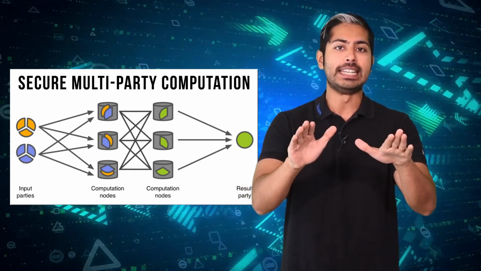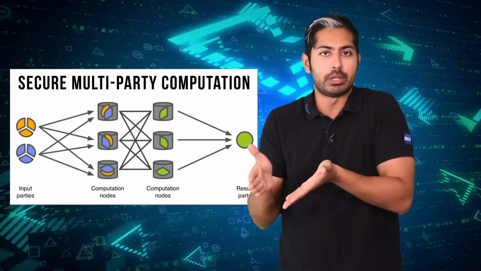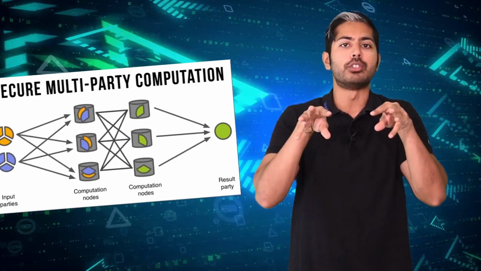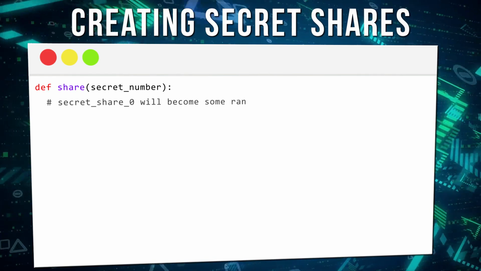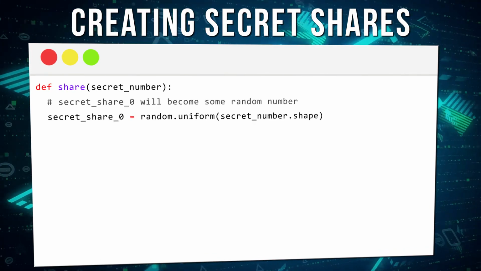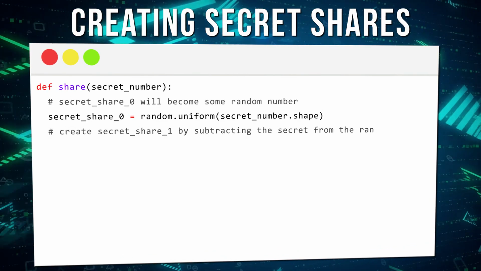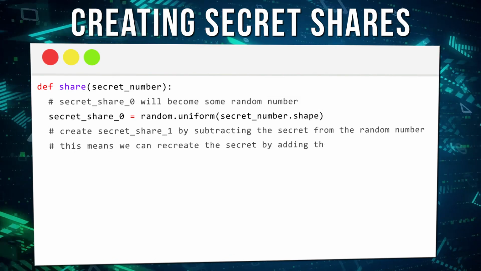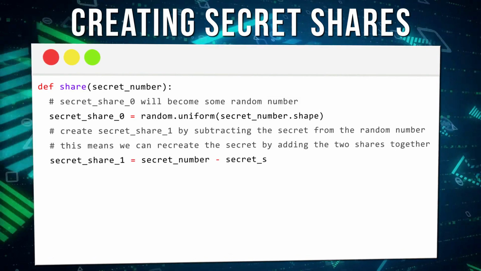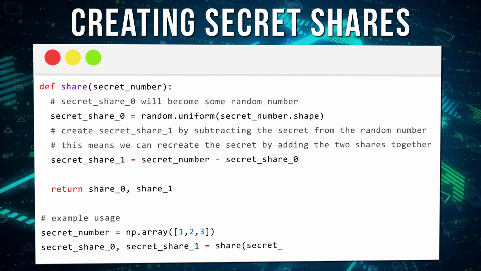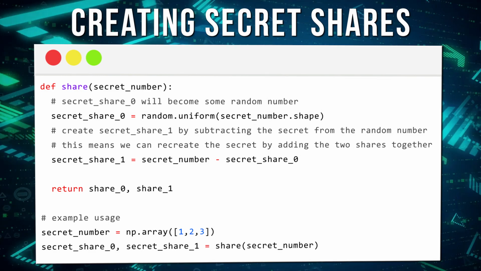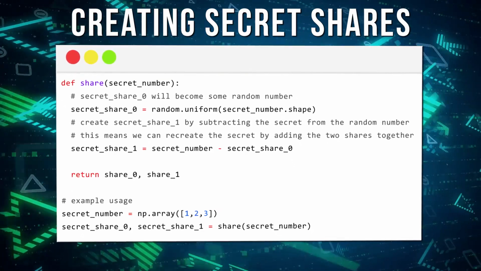Let's now talk about how to add some security to this process via secure multi-party computation. It's a cryptographic technique that lets multiple parties jointly compute some function while keeping their inputs private. The primitive that powers MPC is the ability to split a piece of data into multiple encoded parts known as secret shares. On their own, the shares reveal nothing about the original data. However, if two parties perform the same operation on a set of shares and then recombine them, it's as if that operation was performed on the original data.